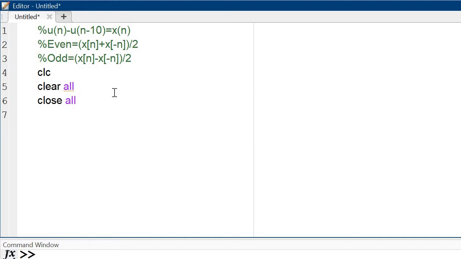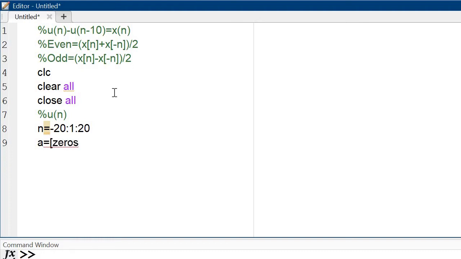How to do it? First is u of n. First take the n values. n is equal to, let's suppose, minus 20 with the interval of 1 to 20. A is equal to zeros.